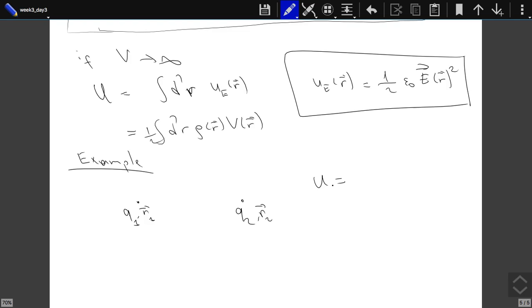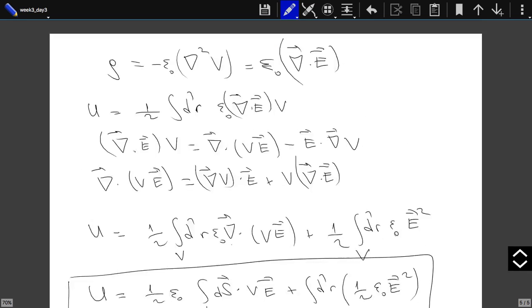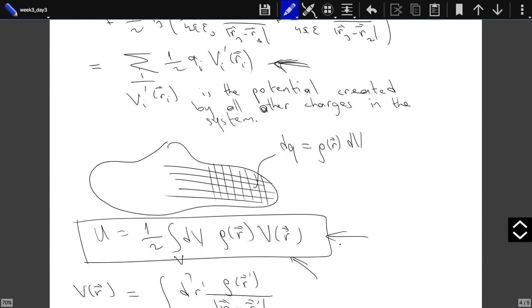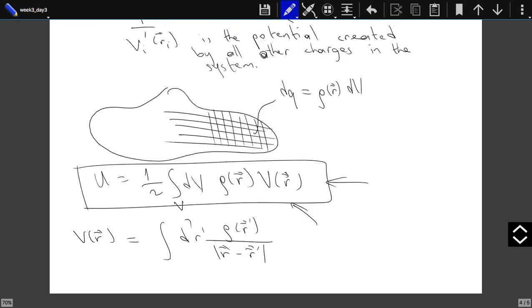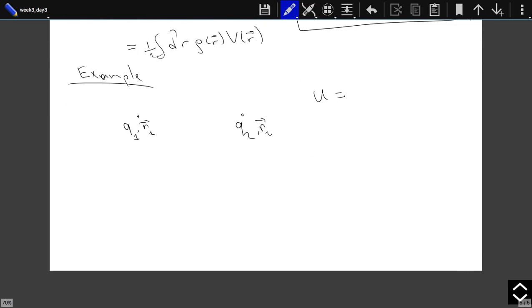If we use our previous expression, just this expression over here, we have discrete charges. So it is just U equals q1 q2 divided by 4π ε0, times 1 over |r1 − r2|.